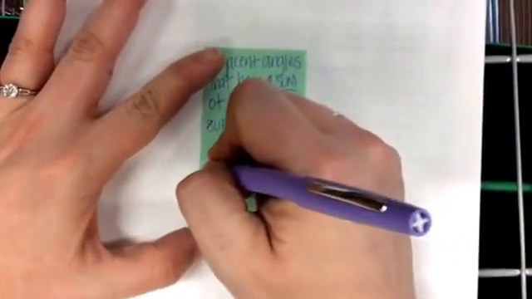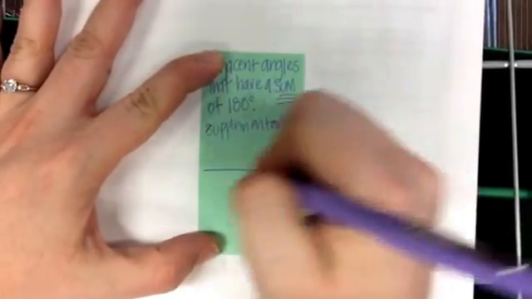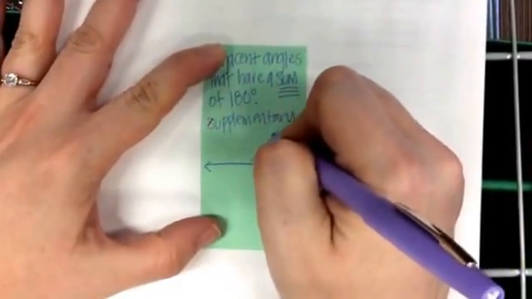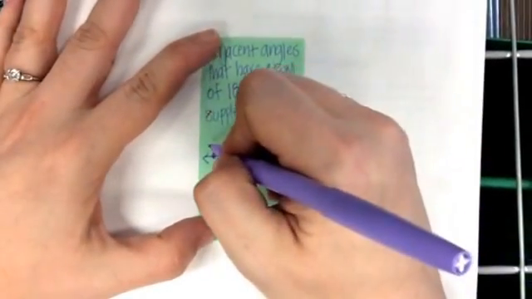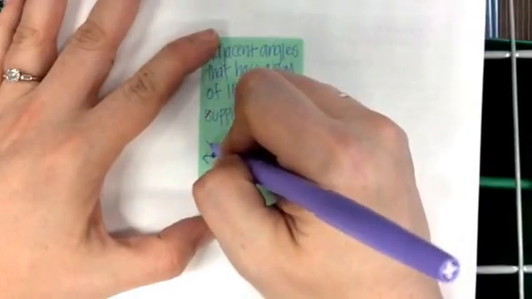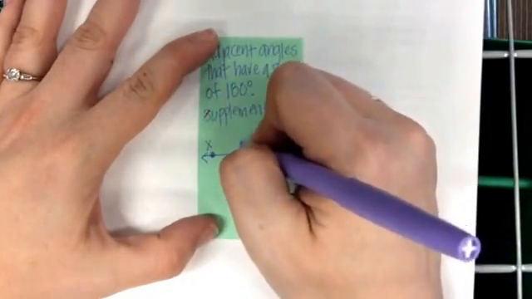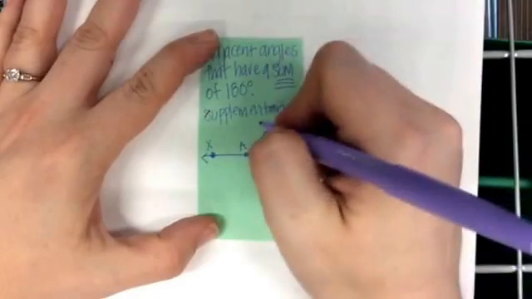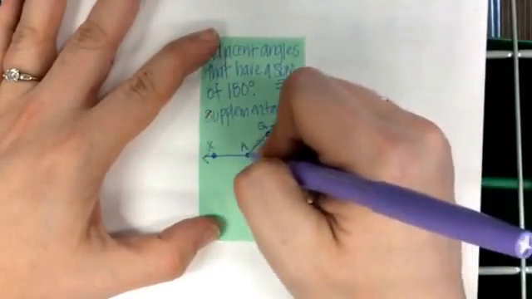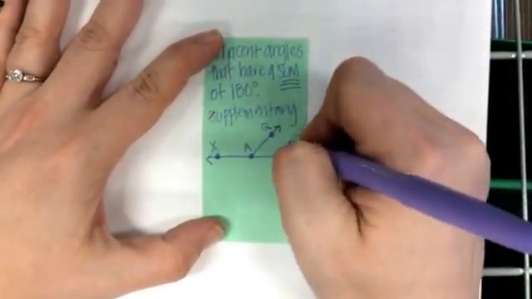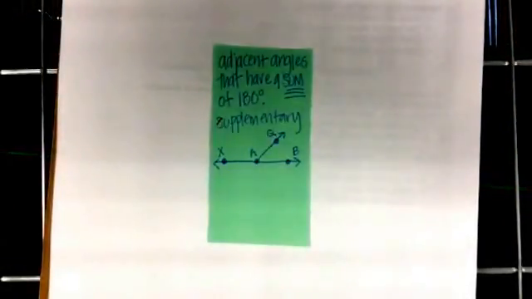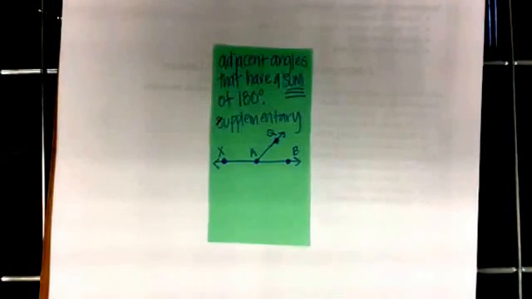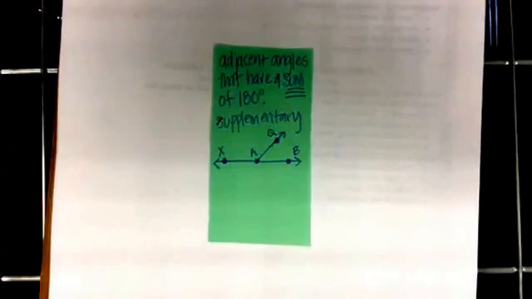All right, so here's an example. Let's do X, A, Q and Q A B. Are they adjacent? What do they share? They share QA, right? So they're adjacent.